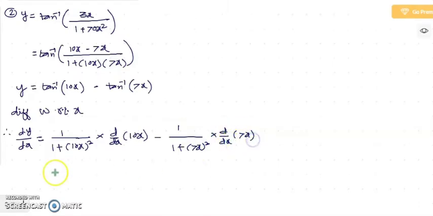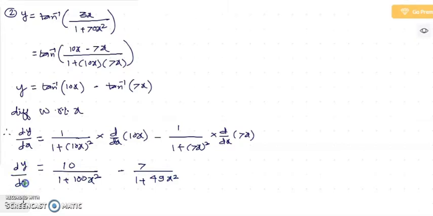This is going to be, d by dx of 10x will be 10, upon 1 plus (10x) whole square, which is 100x square, minus 7 divided by 1 plus (7x) whole square, which is 49x square. That's it. This is dy by dx for this example.